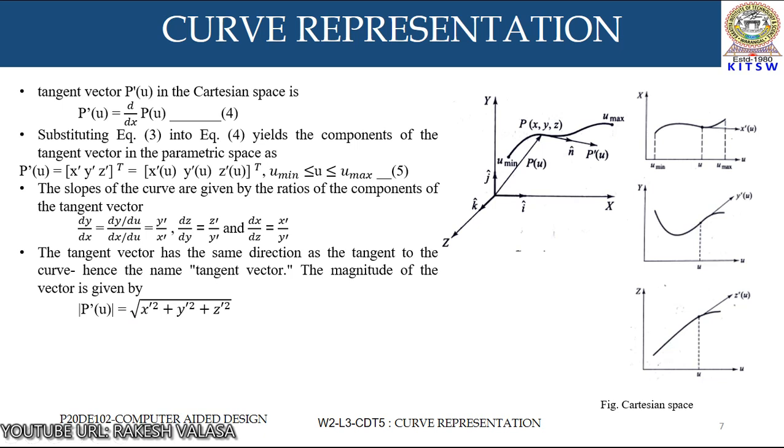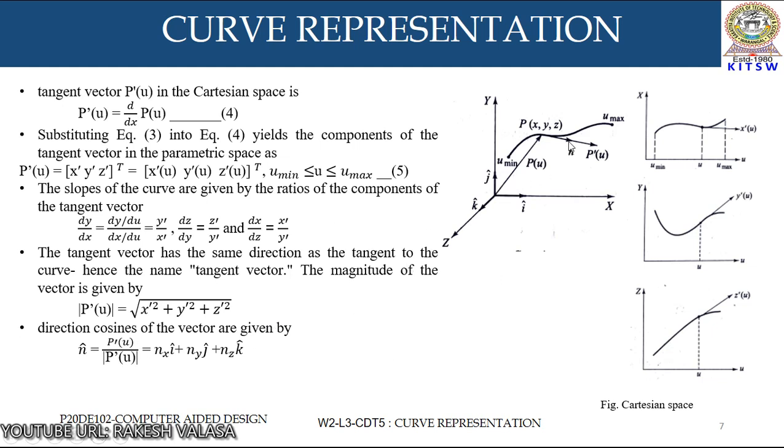Now let us write the direction cosines of the vector: n cap equal to P dash of u by the determinant of P dash of u. It gives nx i cap plus ny j cap plus nz k cap, where n cap is the unit vector.